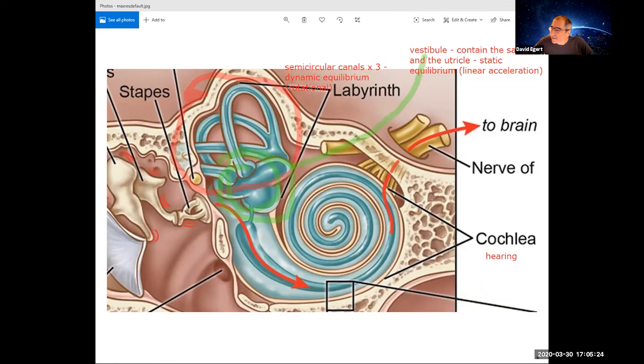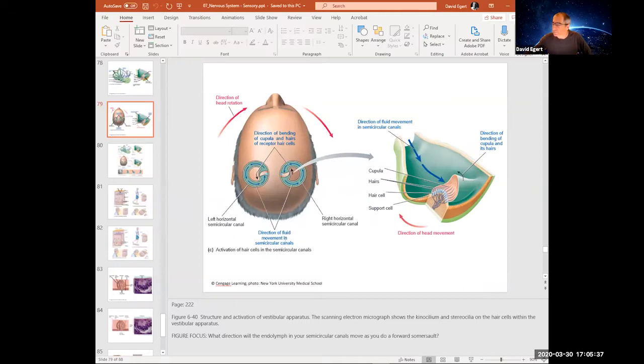The basic idea is, in fact, this is where it's going to be useful getting the PowerPoint. I'm going to share the PowerPoint from the textbook here.